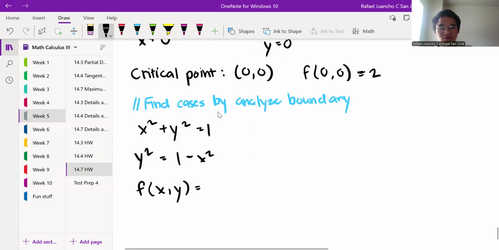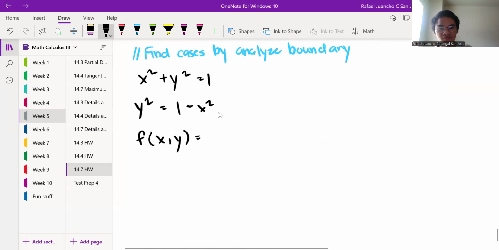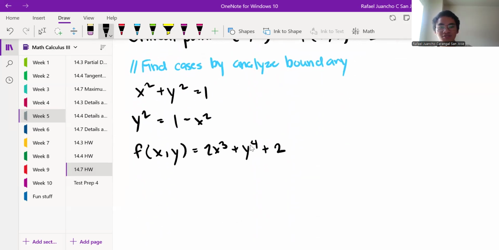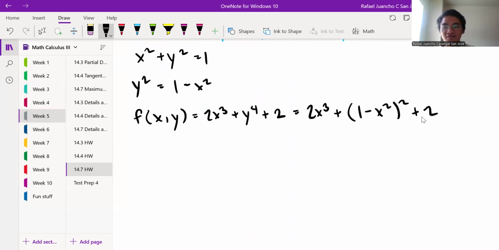So instead of it being 2x cubed plus y to the fourth plus 2, I would substitute the y squared here. So this is actually the same as y squared squared. So what I would do here is just put this whole thing and square it. So I get this, and now I have a function of one variable where my y is in terms of x.